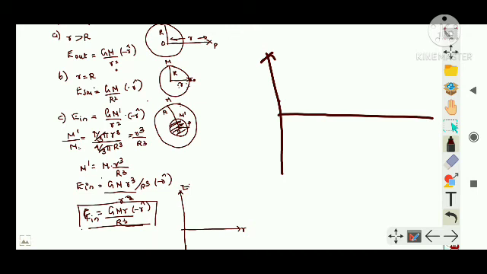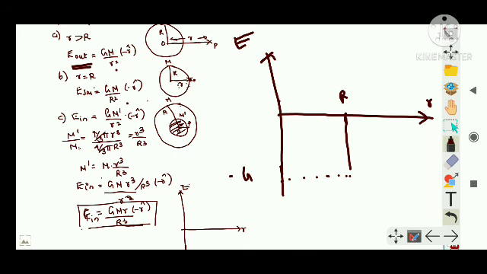So initially, when the point is outside, you will see that E is proportional to 1 by r squared. So it is an exponential-type function, right? Let's take r on this side and the electric field, gravitational field, on this side. At r, let's say you have the maximum value as minus GM by r squared.